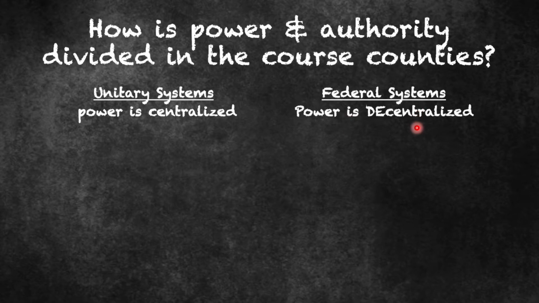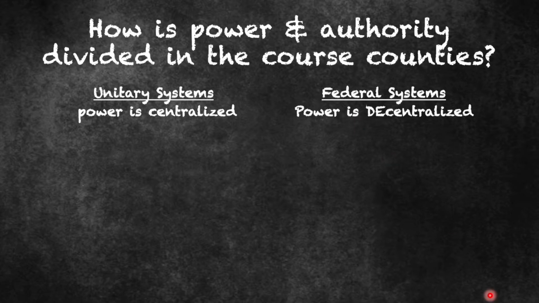Federal systems, on the other hand, are characterized by decentralized power because the power is not all kept at the federal level. There is actual formal authority granted to regional and local governments in federal systems.